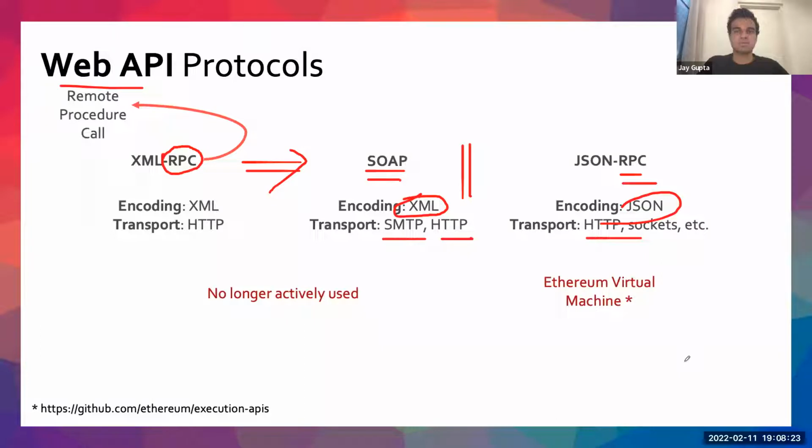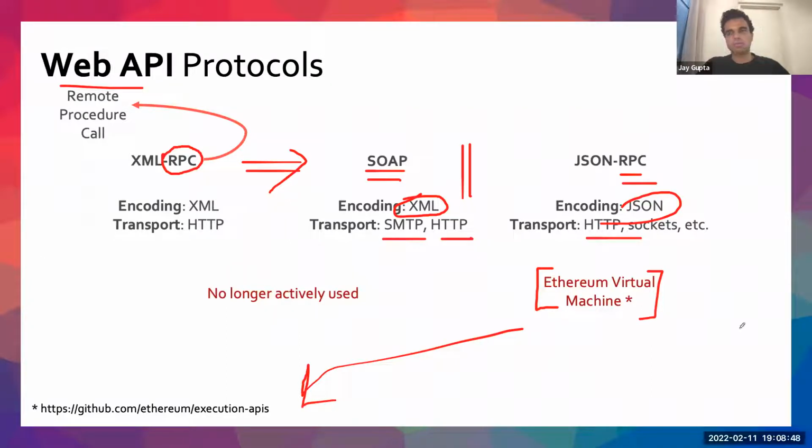This is not something which has fallen out of the API ecosystem. The Ethereum Virtual Machine is something which uses JSON RPC. If you are interested, you can take a look at this link. This basically provides Ethereum APIs, which work on the JSON RPC format.